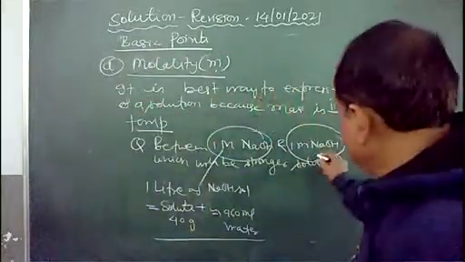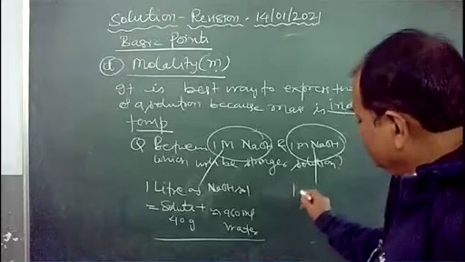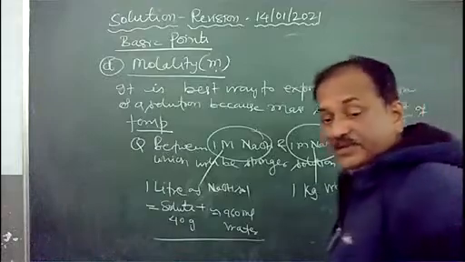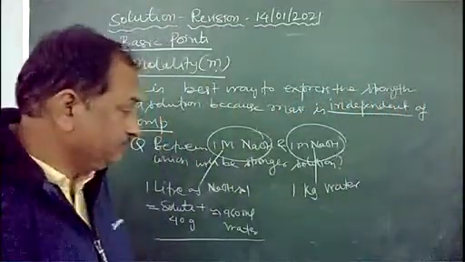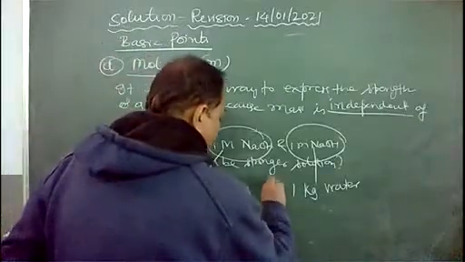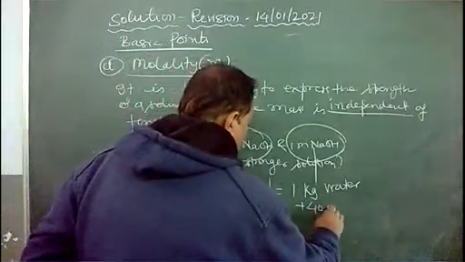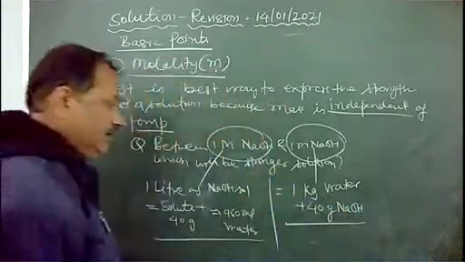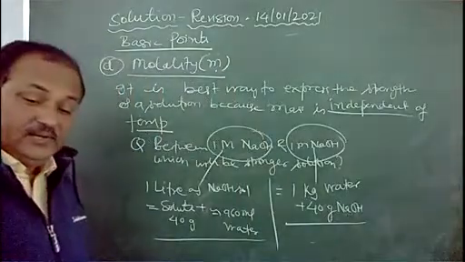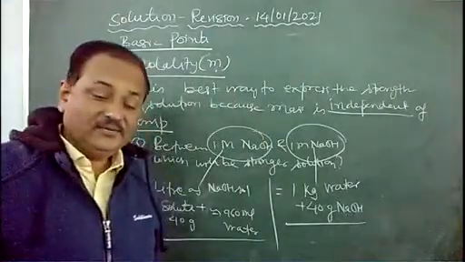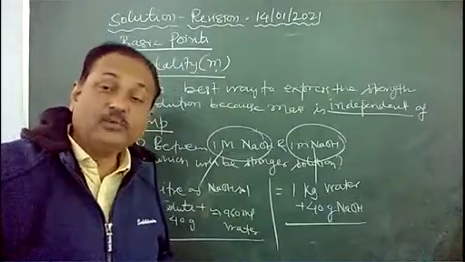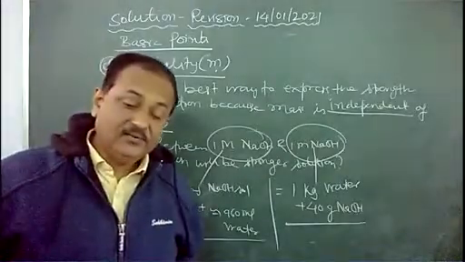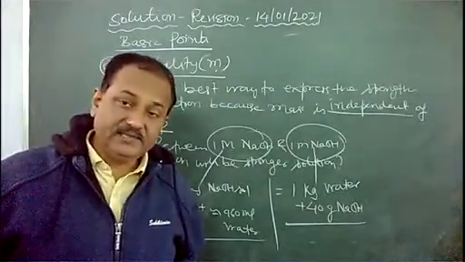Now in case of 1 molal, it is 1 kg of water plus 40 gram of solute. So you know 1 kg is always more. 1 liter has 1000 ml. Is that clear?